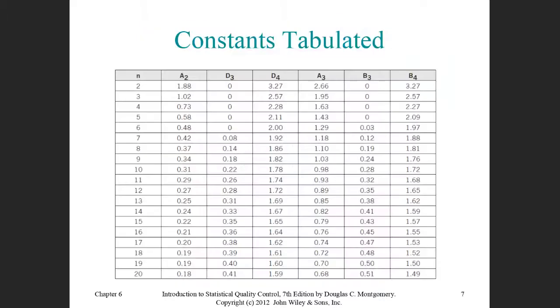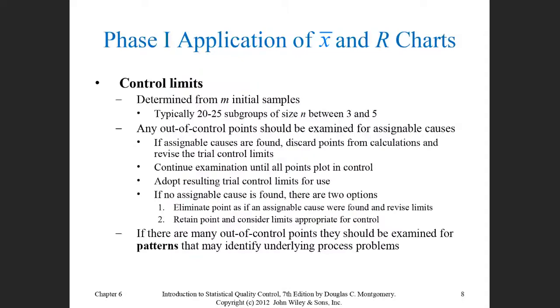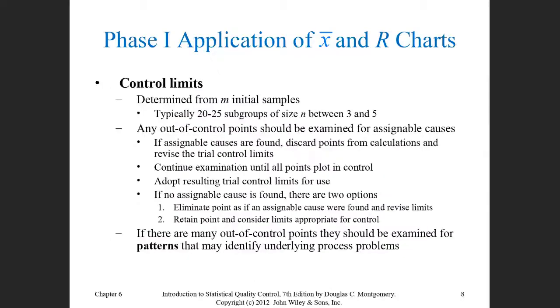D3 can be found from this table here. The sample size is 5, because we have 5 readings, 1, 2, 3, 4, 5. Every sample has a size of 5, and the size is found in this column of the table. So for 5, D3 equals 0 and D4 equals 2.11.